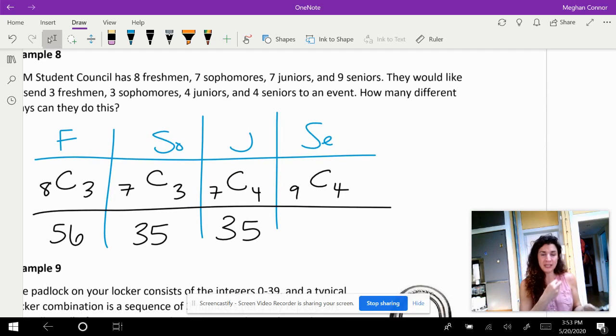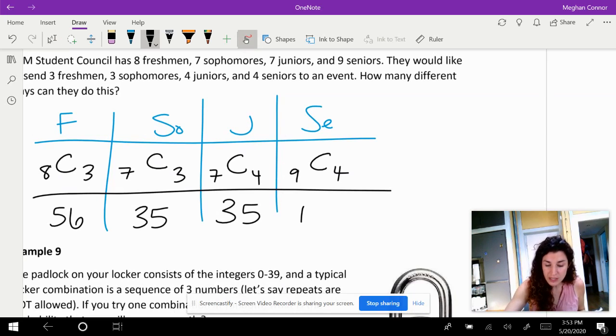So the possibility of you picking 3 and leaving 4 behind is the same as picking 4 and leaving 3 behind. It's just the different side of that probability. And then 9 choose 4 is 126.